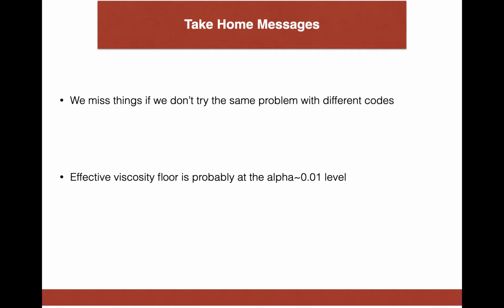If we really want to understand protoplanetary disks with alpha of 10 to the minus 3, 10 to the minus 4, we need to know how to get there with SPH, and not a lot of testing has been done. A lot of papers claim that we have alpha of 10 to the minus 3 in an SPH simulation when it's not. If you measure it, it will not be like that. It will be an order of magnitude more than that. So I think something needs to be done. And I'll stop here.